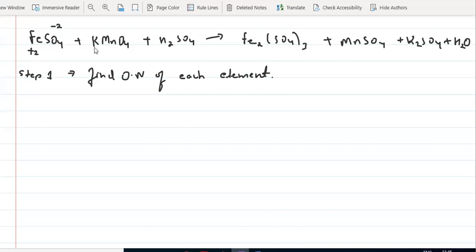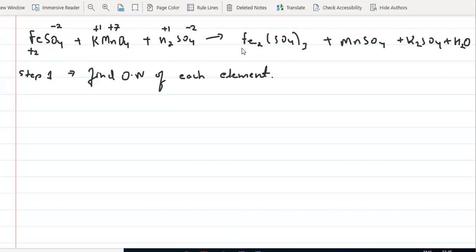K will have +1 here. Mn will have +7 over here, right everyone? Oxygen -2 as always. Again here we have H as +1, and SO4 whole charge is -2.